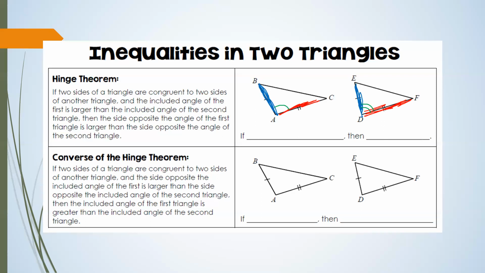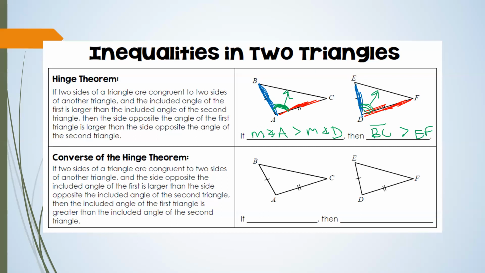So it says that if the measure of angle A is greater than the measure of angle D, so if this angle is bigger than this one, then the sides across from it, side BC, will be greater than side EF.